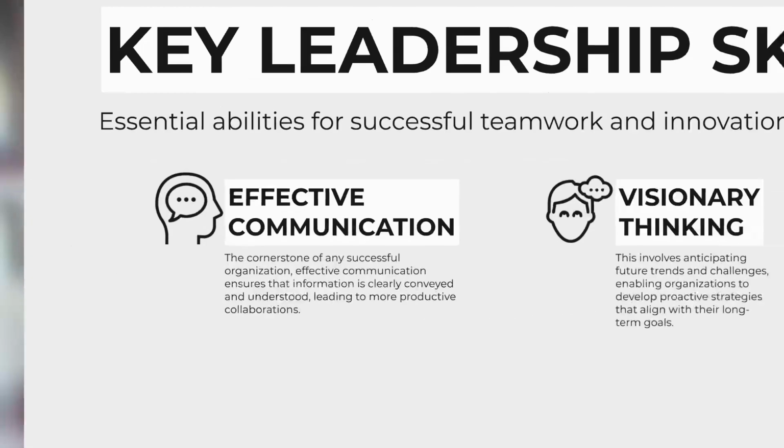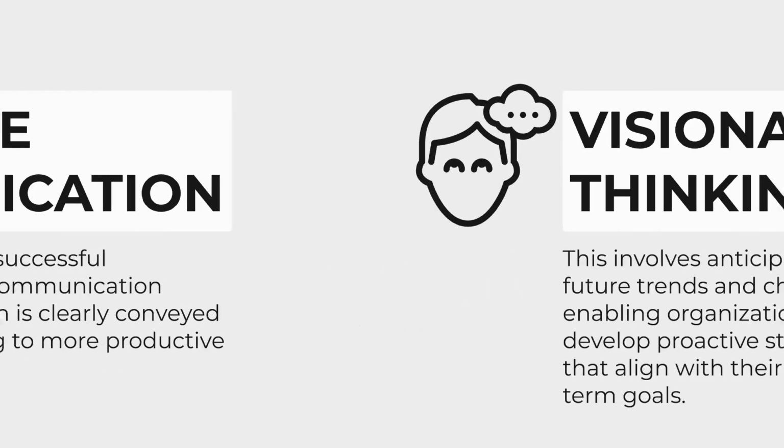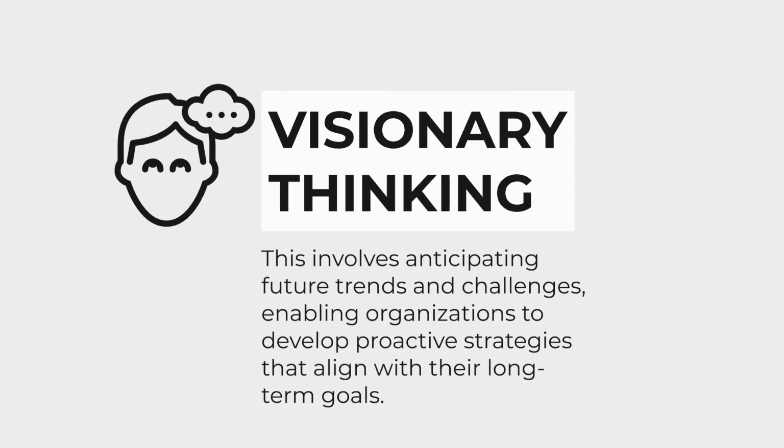Well, we want to move changes forward, but we have to make sure that the right people are on the bus and that they're in the right seat. Effective communication is going to be the cornerstone, really that foundation, right? It's going to guide us and keep us focused as we move forward. As we mentioned, that visionary thinker is going to pull data, look at trends, listen, and take proactive approaches to engage with our colleagues about any challenges that may come up.